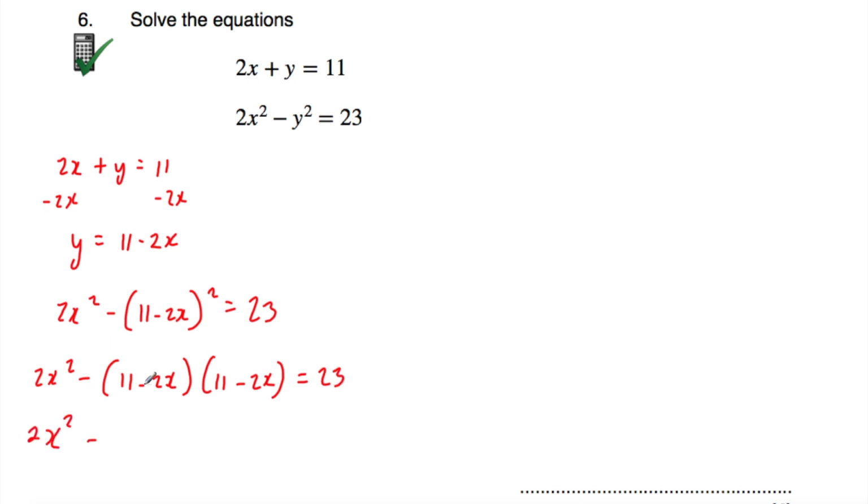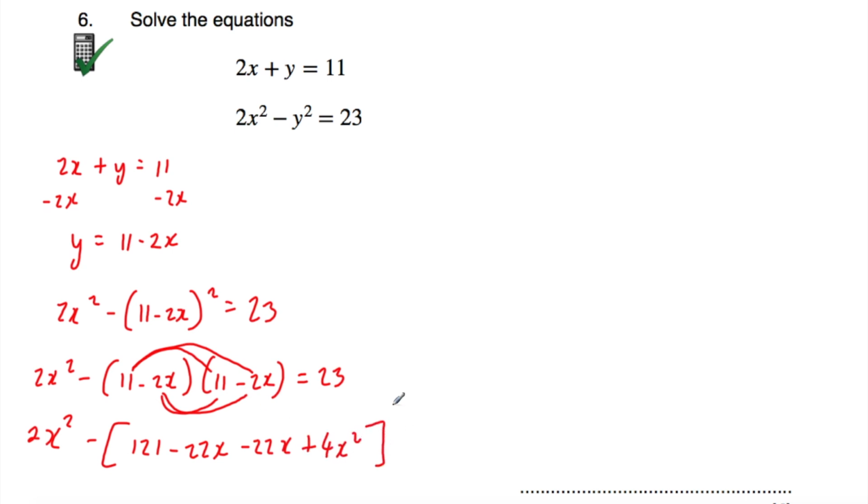2x squared subtract. And now we're going to expand these brackets. I'm going to put a square bracket just so that whenever we expand our brackets, we can see what we get here. So 11 times 11 will be 121. 11 times minus 2x will be minus 22x. Minus 2x times 11, that'll be minus 22x. And then finally, minus 2x times minus 2x, that's going to be plus 4x squared.